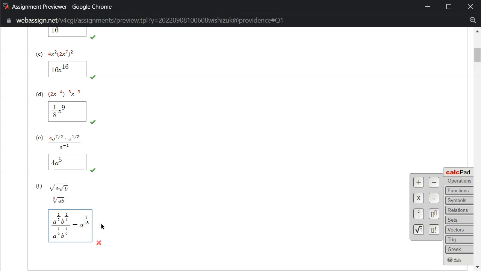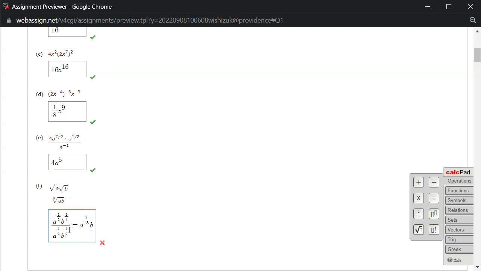For b, you have 1/4 minus 1/9. Let's see if I can do it in my head. Let's take the common denominator, 4 times 9, which is 36.